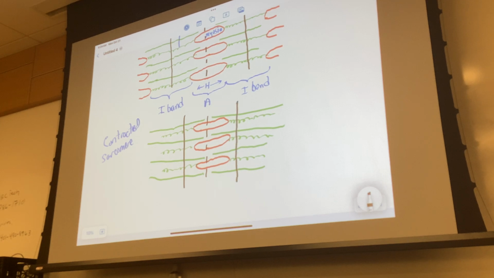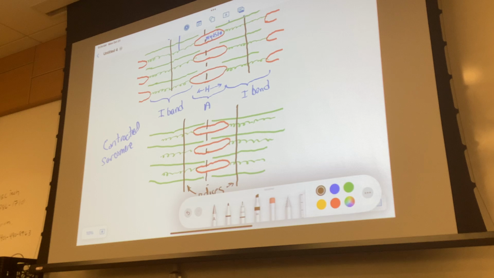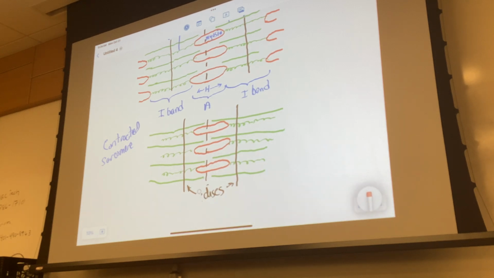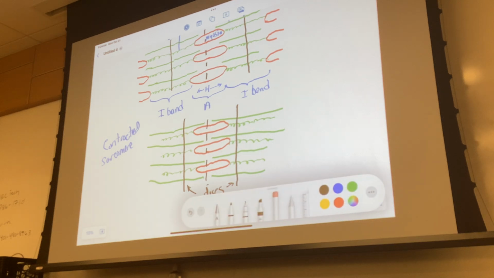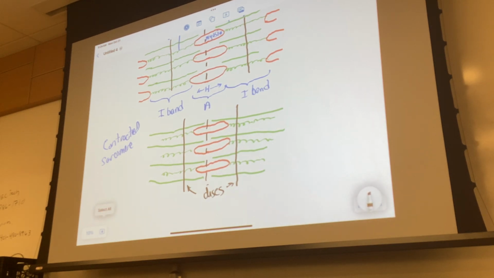These vertical black lines are the Z discs. And that looks like a 2. So the 2 Z discs.